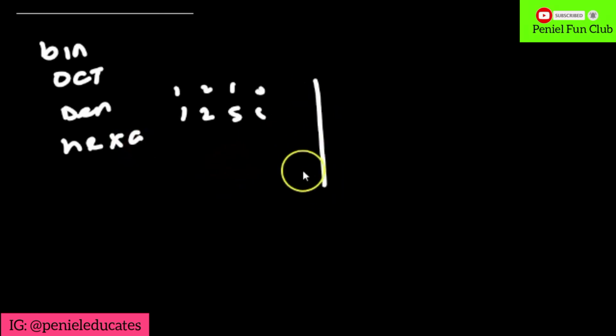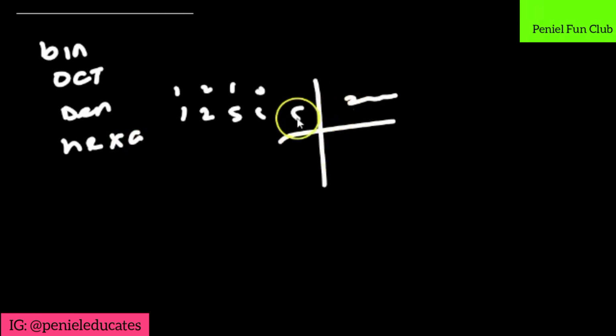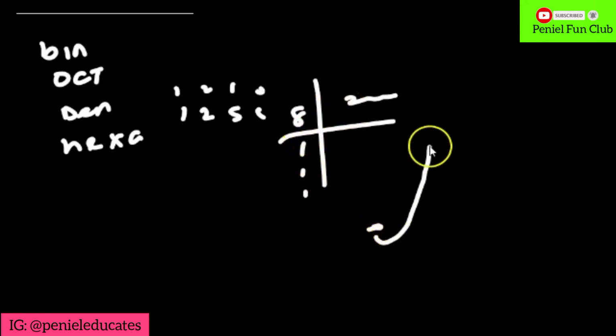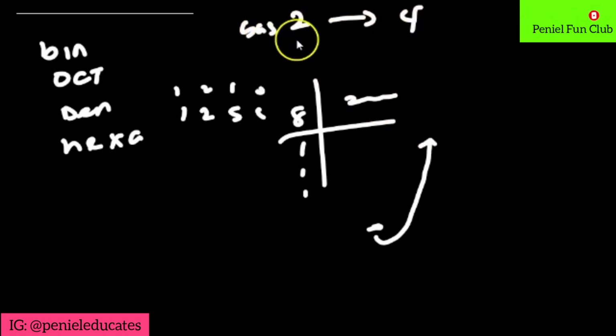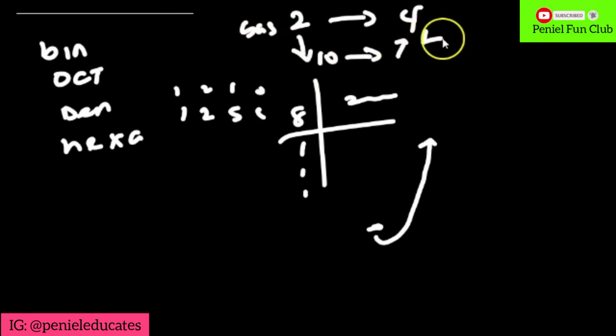Like I said, you put the number here, divide it, then write the remainders from the bottom to the top. I also told you that to convert from one base to another, other than base 10, say from base 2 to base 4, you can first convert base 2 to base 10, then convert the result to base 4.